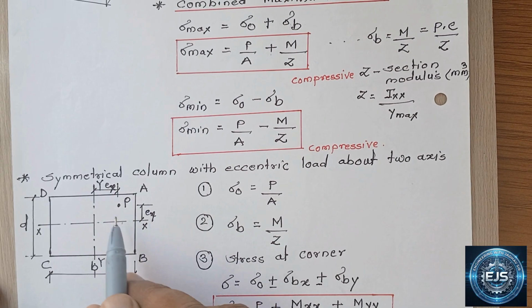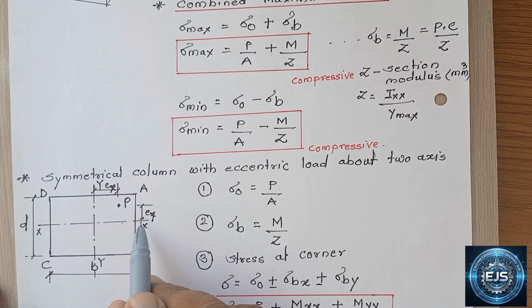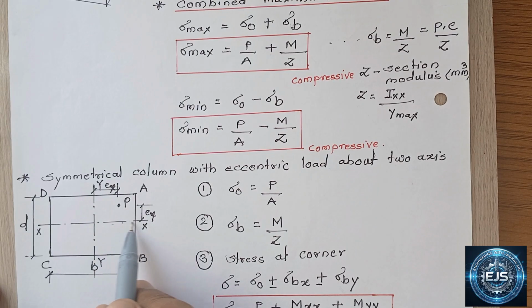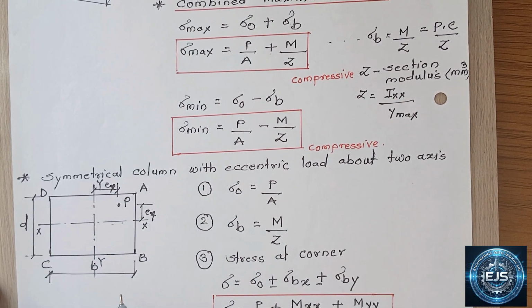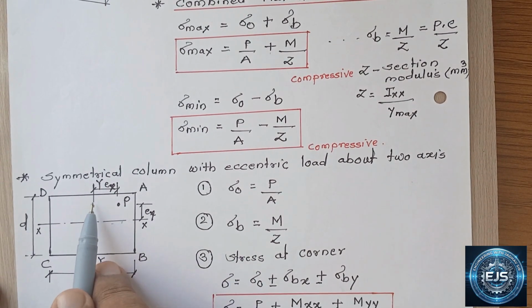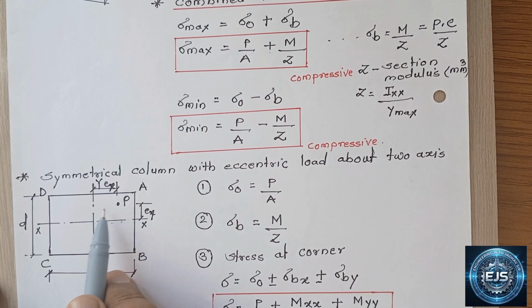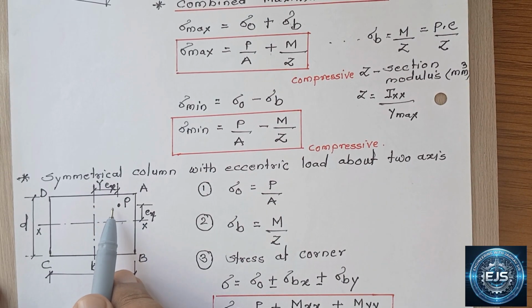हमने इसको EY क्यों बोला? कि it is parallel to y-axis. That's why EY. So offset distance of the load P from the x-axis is nothing but EY. Eccentricity of the load P about x-axis is nothing but EY. And what is EX? EX is nothing but eccentricity of the load P from the y-axis. And it is denoted as EX because it is a horizontal distance.